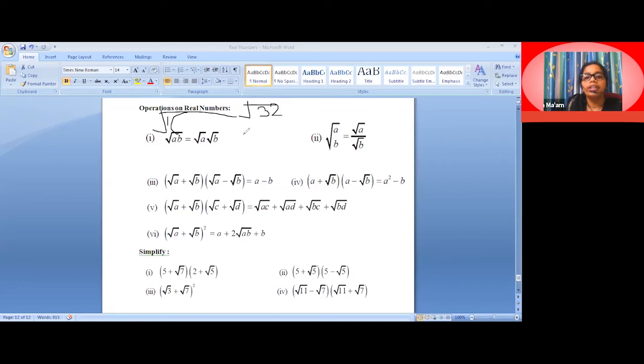Can you write it in this form, 16 into 2?